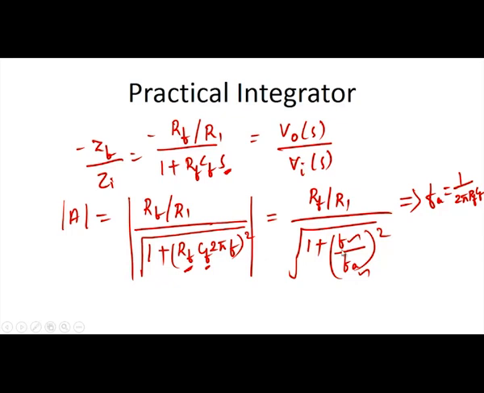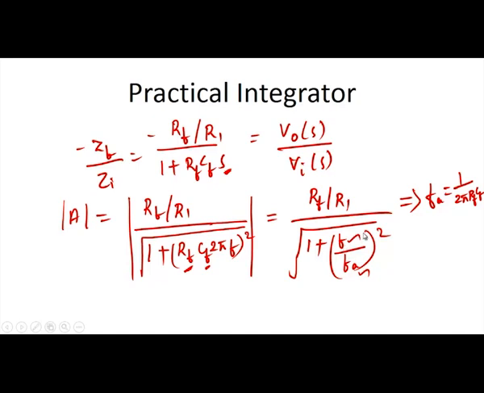For this frequency we are substituting 3 values. When F is equal to 0, what happens to the gain of the practical integrator? We showed that the gain is RF by R1 in the response of the practical integrator. If F is equal to FA, then the gain is reduced by 3 dB from RF by R1.